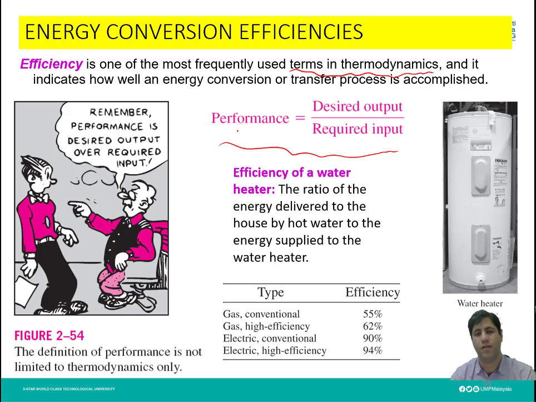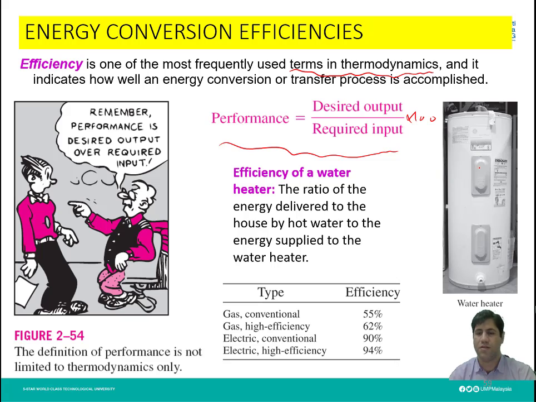So performance is usually less than one if we do this division, or less than 100%. Usually we introduce the performance or efficiency in terms of percent, multiplying this by 100.